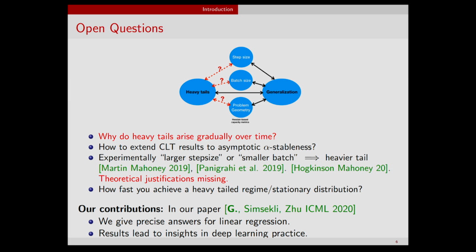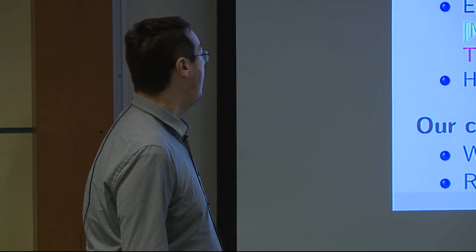It's not necessarily specific to deep learning. Linear regression is a setting where we can analyze things, a bit like Courtney's talk with linear models, and then we generalized it to more general nonlinear models.